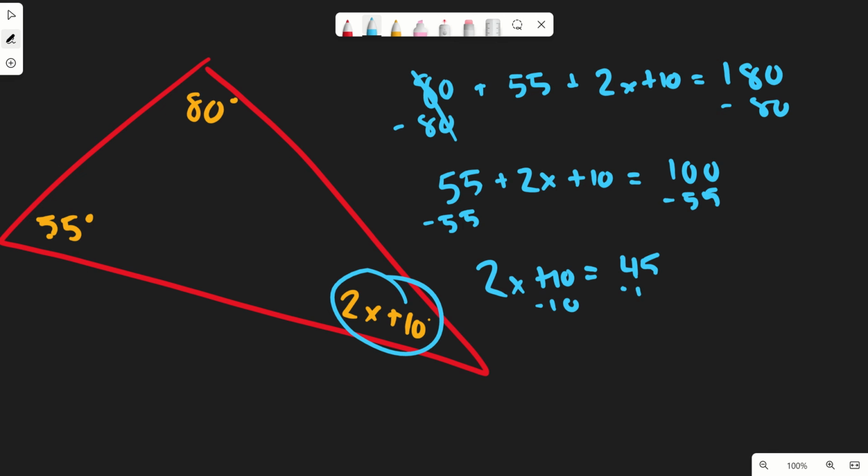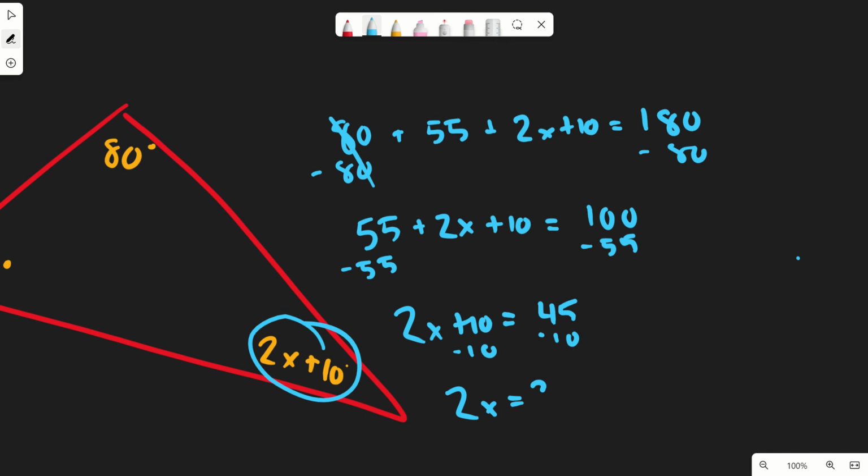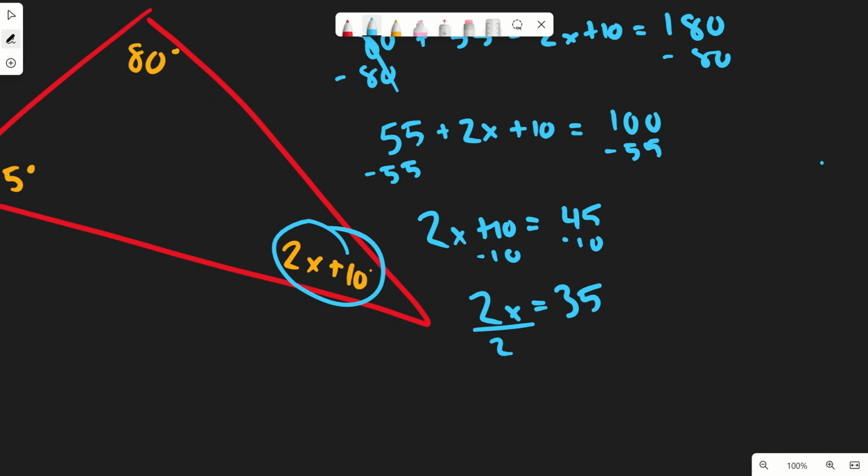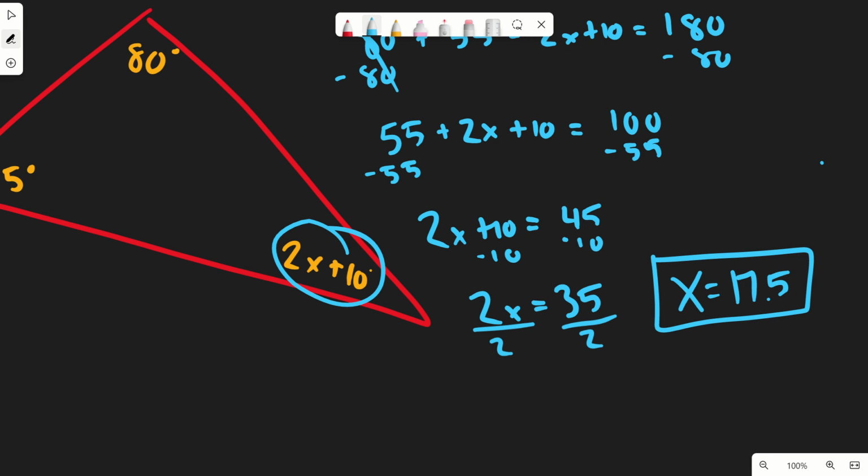Minus 10. We get 2x equals 35. Let's divide by 2. We will get x equals 17 and a half. So we just found out our value of x. It equals 17 and a half.